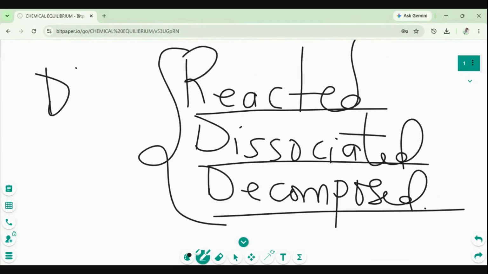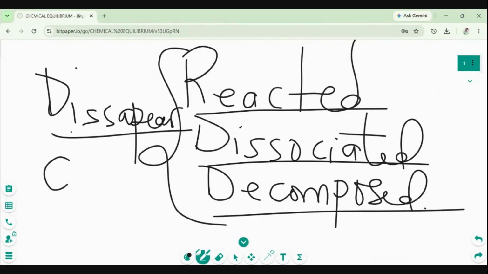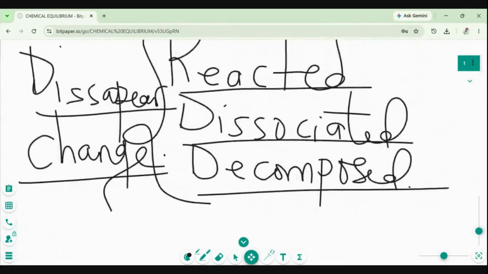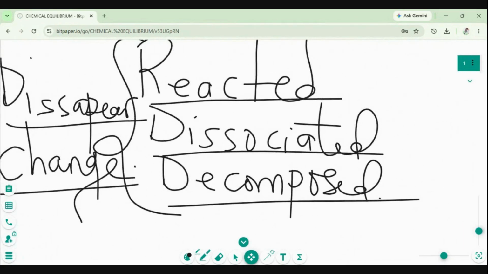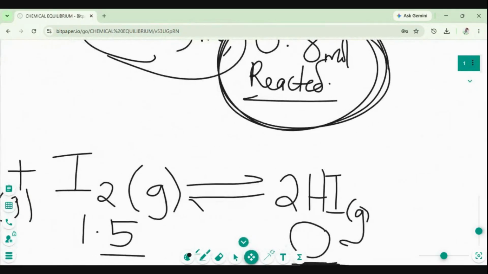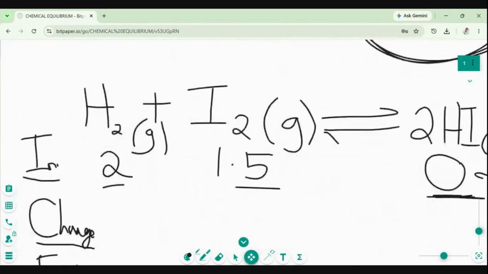If something reacted or dissociated or decomposed, it is going to disappear. So all those three words mean something is disappearing or something is changing from what it was to become something else. Okay, let's bring that science back to this other side. So whenever I use those three words, reacted, dissociated, decomposed, I'm almost meaning a similar thing. I'm trying to tell you that 0.8 moles disappeared.